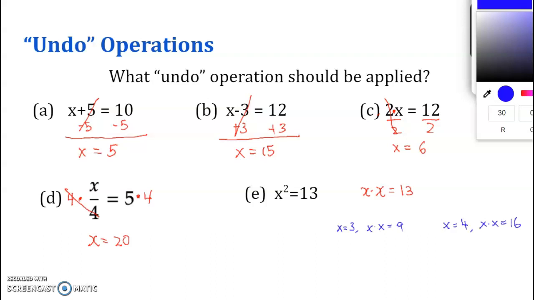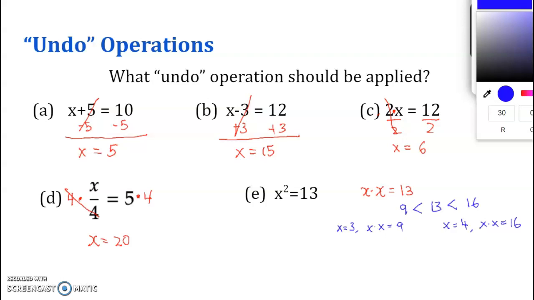That's too big. So I know that x has to be bigger than 3 but smaller than 4, because 13 is bigger than 9 but it is smaller than 16.